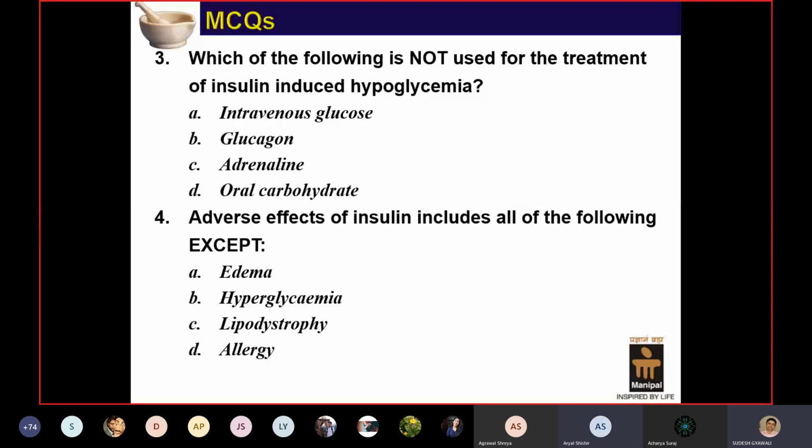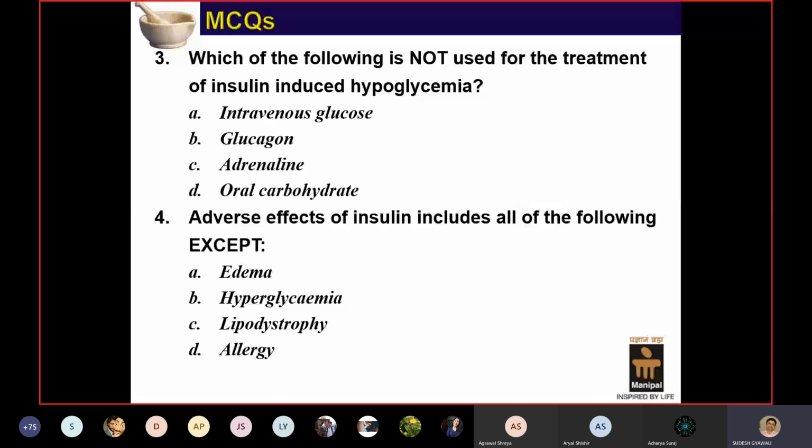Adrenaline. Yes. Good. Adrenaline we generally don't use. And anyone, what is the correct answer to question number 4? Adverse effects of insulin include all of the following except hyperglycemia. Yes, very easy question. It causes hypoglycemia. So insulin never causes hyperglycemia. So B is the correct answer for MCQ number 4.